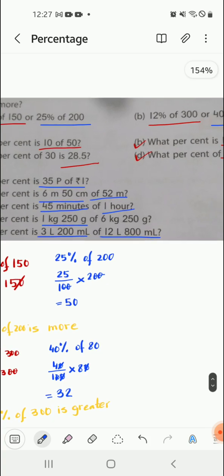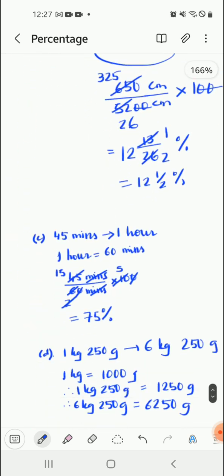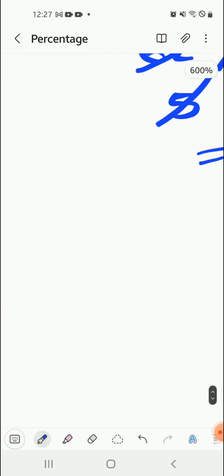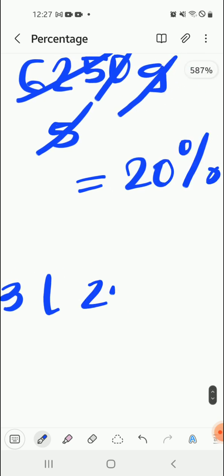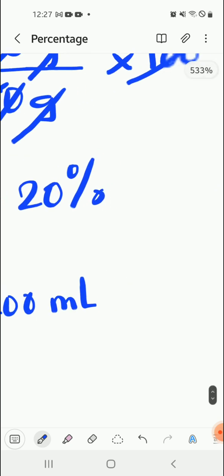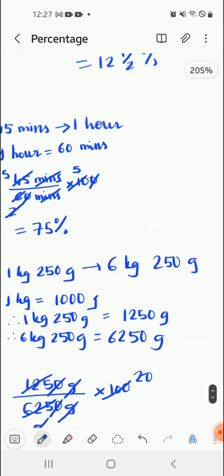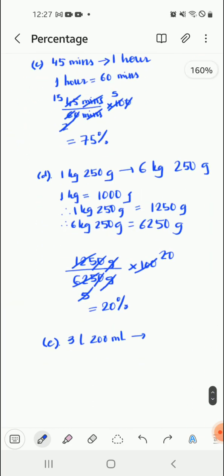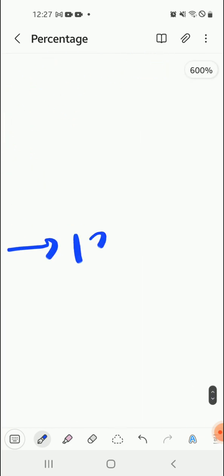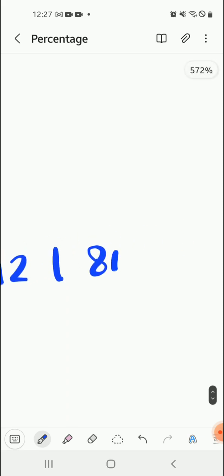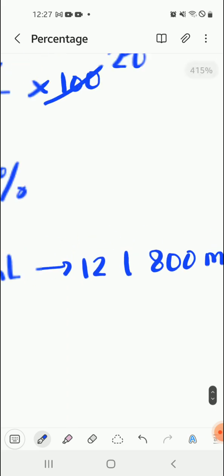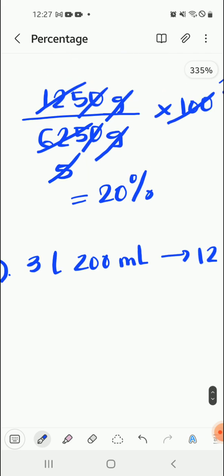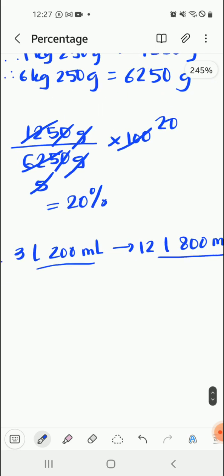So it is 3 liter 200 ml of 12 liter 800 ml. We know again it's a mixture of different units, liter and ml.